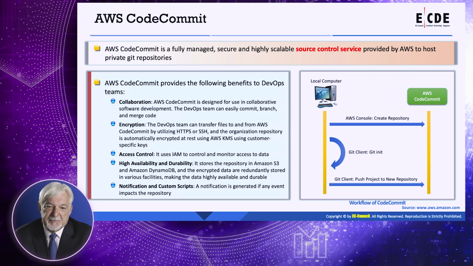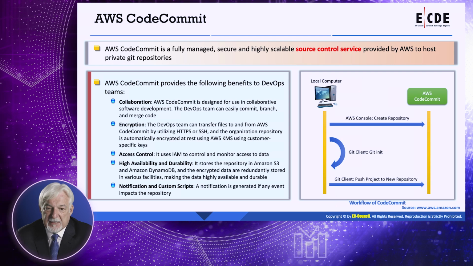There's encryption provided. They can transfer files to and from AWS Code Commit by using HTTPS or SSH for your secure protocols. And the organization's repository is automatically encrypted at rest using the AWS KMS key management system with customer-specific keys.